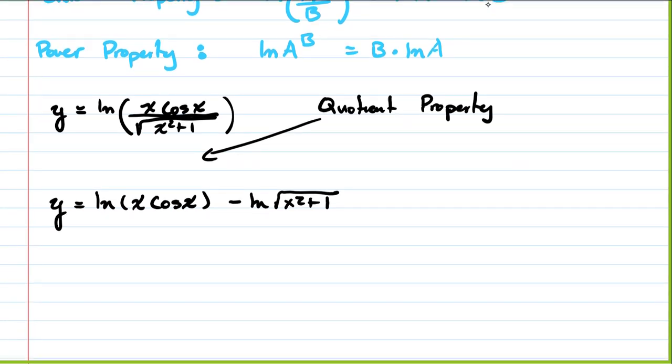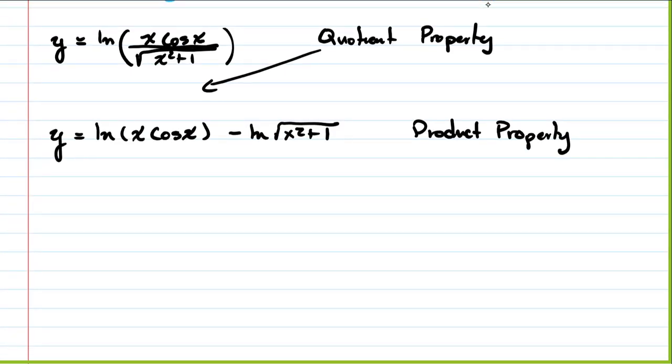The next thing we want to take note of is that on this one we want to use our product rule, or our product property. In our first one, we have our a is going to be x and our b is going to be cosine x.